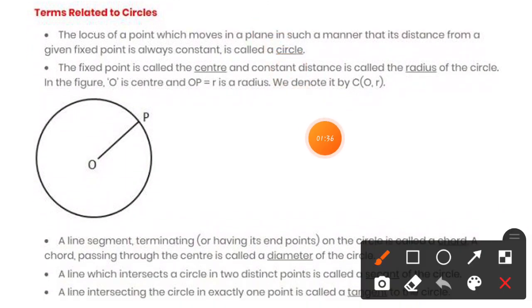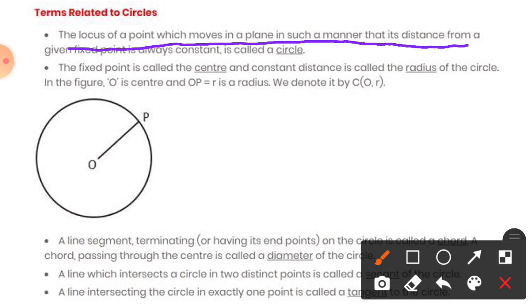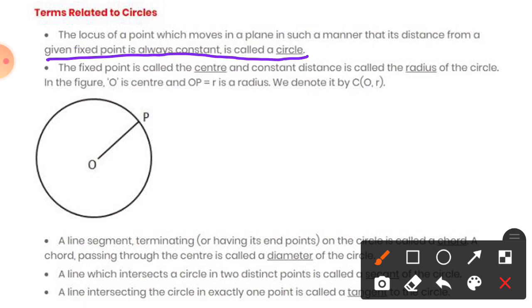The first: the locus of a point which moves in a plane in such a manner that its distance from a given fixed point is always constant is called a circle. First we have to understand how we get the circle.